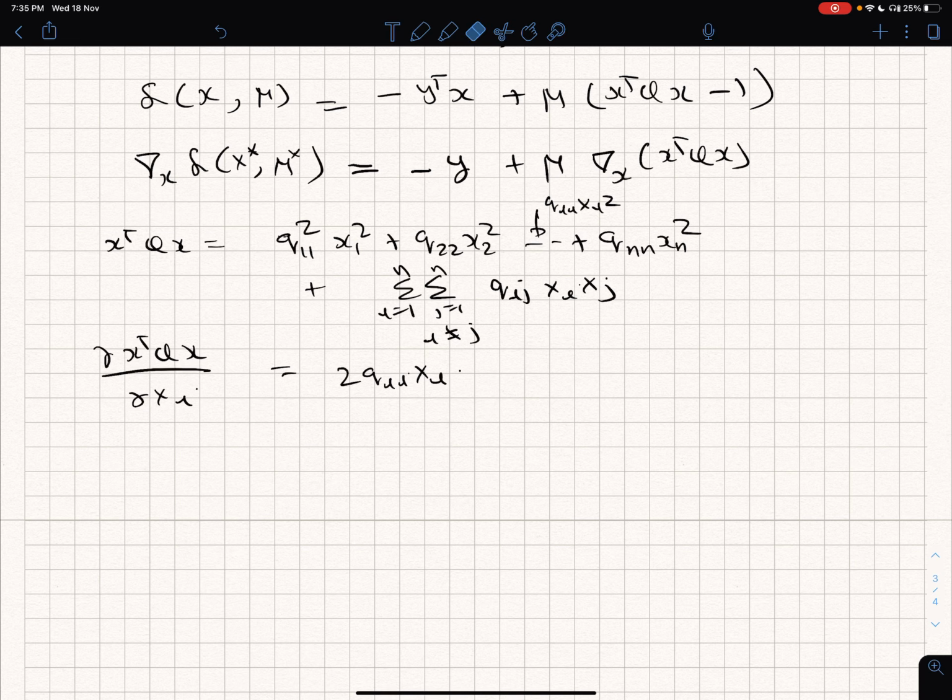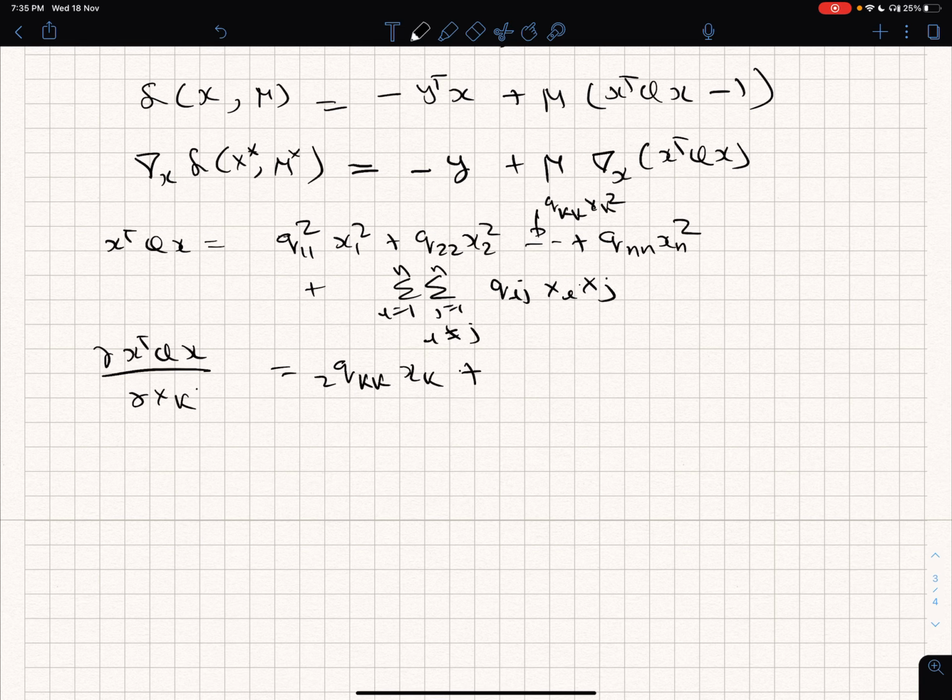Let's call this partial derivative with respect to some k, because we have already used i and j notations in the above summation. So we will get the qkk xk square term here, and I'll get 2 times qkk xk coming out of here from the diagonal entry.